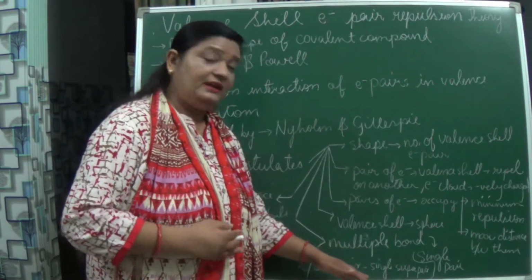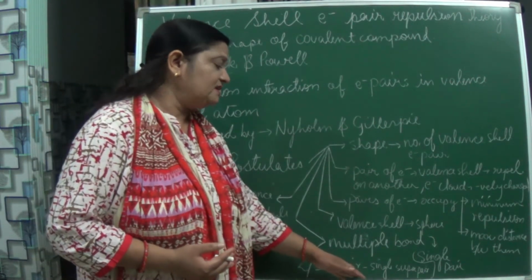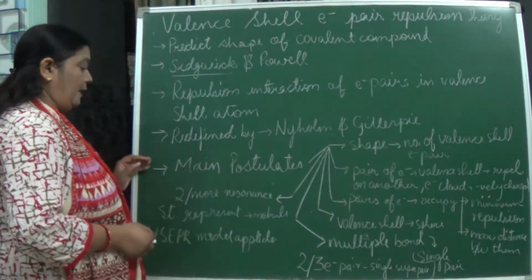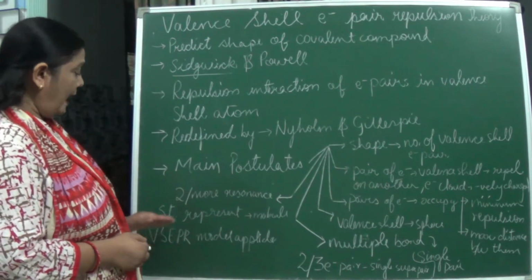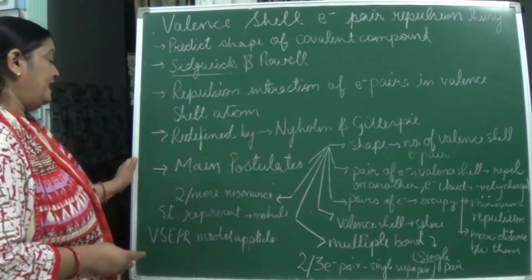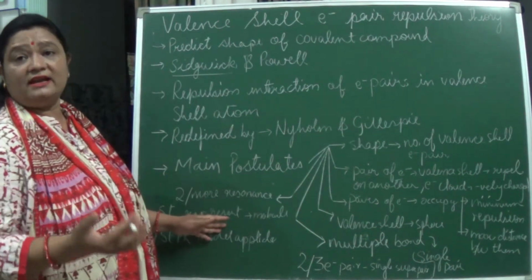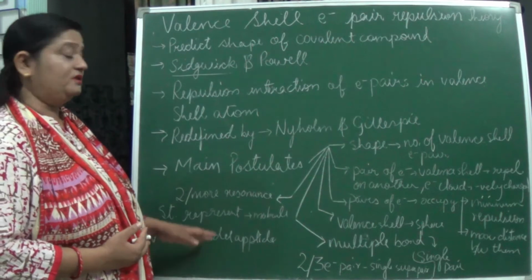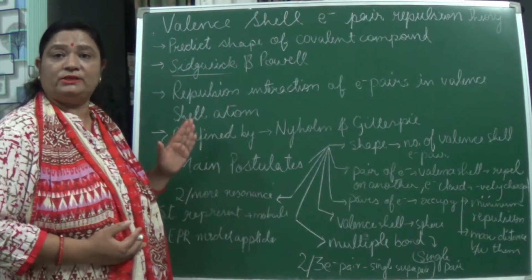So we are not saying double bond or triple bond, we are saying single super pairs, two or three. Now this VSEPR theory is applicable for what? Resonance also. The structure represents any molecule. If it is in the resonance form, this VSEPR model is applicable for resonance also.